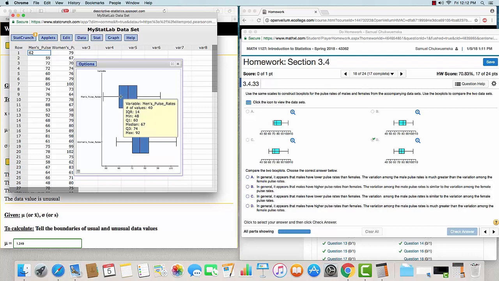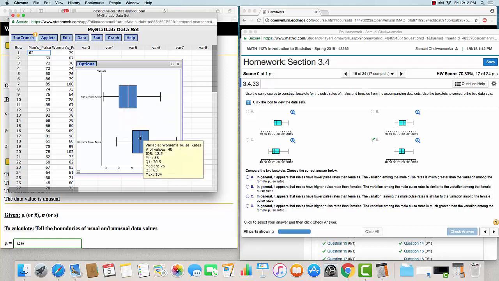Look at the minimum, which is 48. For the men's pulse rates, the minimum is 48, the maximum is 92. So the range is 12 minus 8 is 4, and then 8 minus 4 is 4. So 44. Okay, 44 is the range for the men's pulse rates.